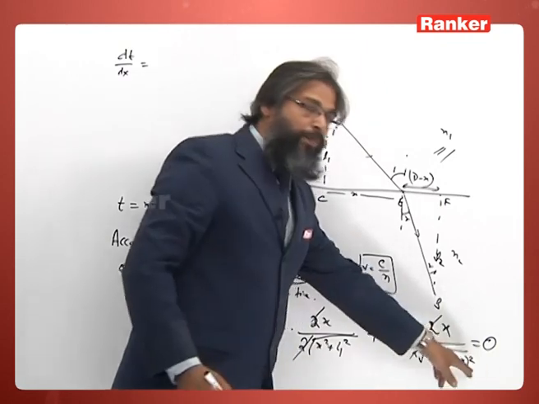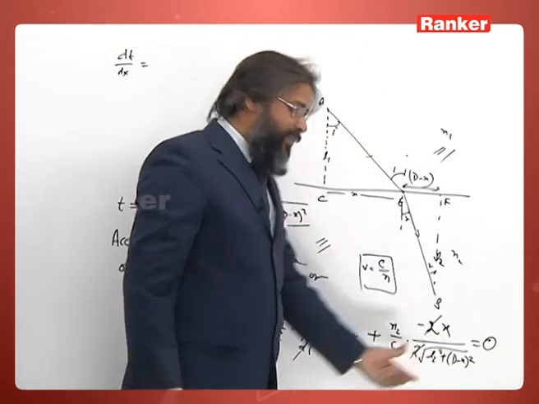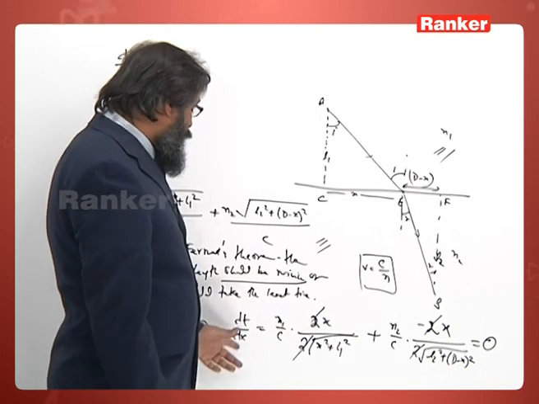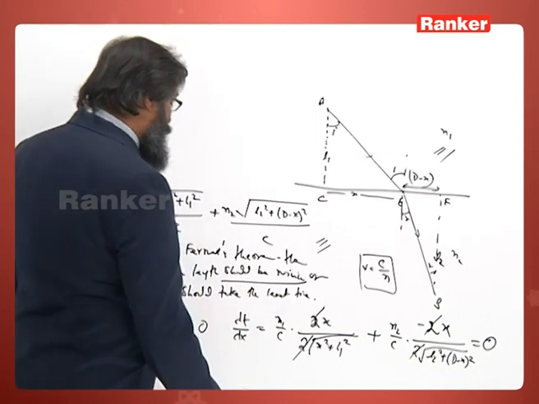We have to equate this to 0. This is a very important point: according to Fermat's theorem, the derivative must vanish for t to be a minimum.